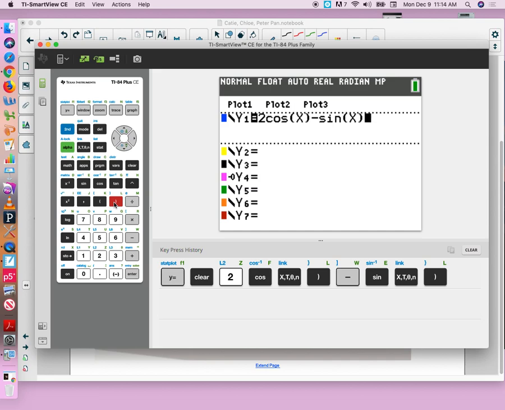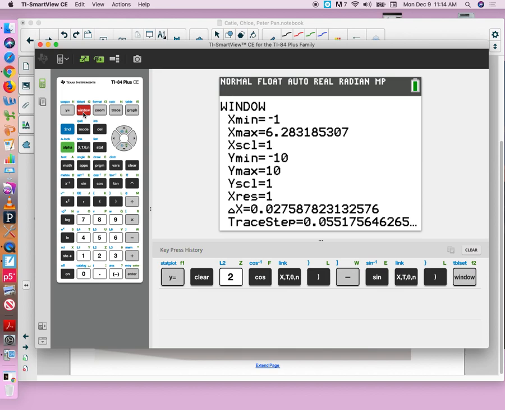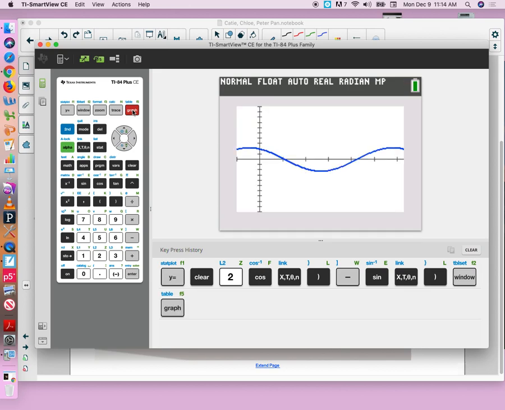If it was not equal to 0, I would get it equal to 0. Okay? All right, and then I'm going to check my window 0 to 2 pi, and I'm going to graph it. I will not help you set your window on the day of the test. I've got mine set from 0 to 2 pi. There's times I want to change my y min and max if I can't see it very good. Well, I can see it pretty good.